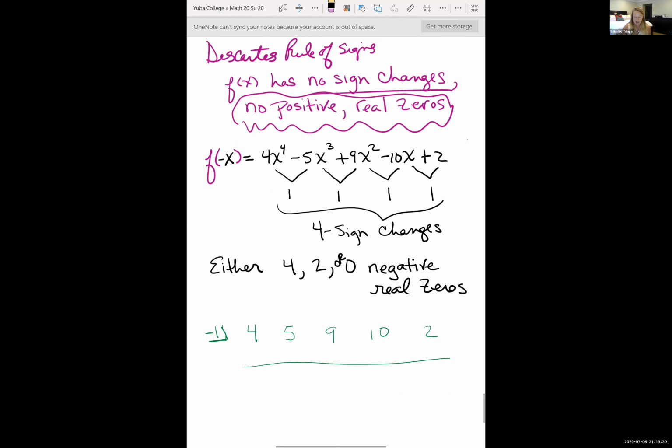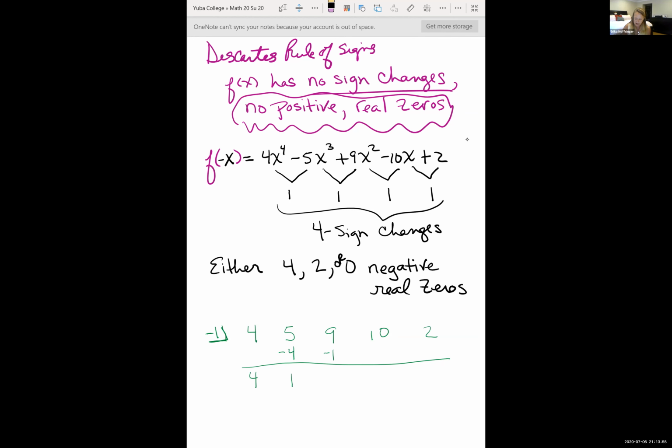Other thing I'm looking at now when I'm doing my synthetic division is for my lower bound theorem. So is my last row alternating in signs? If so, this would have to be the smallest number that was a 0 for negative. So bring down our 4, multiply it by c. So -1 times 4 is -4. Sum, 5 minus 4 is 1. 1 times -1 is -1.